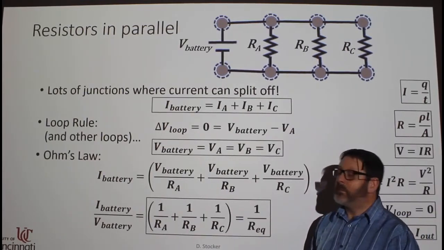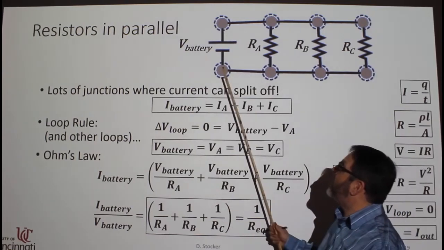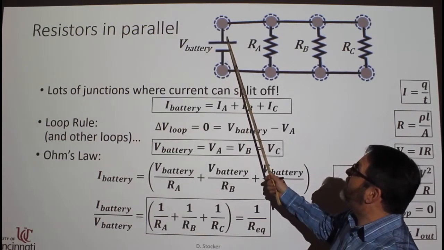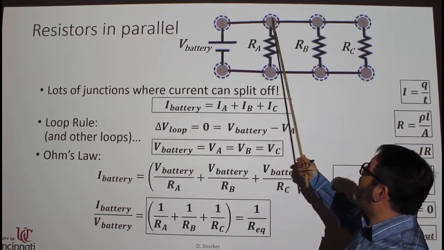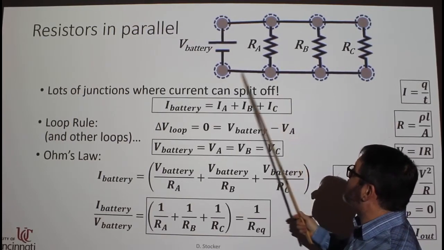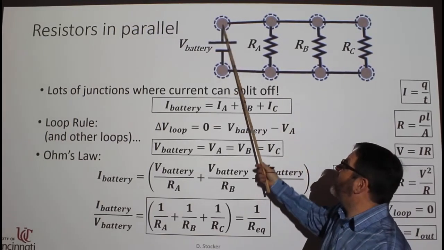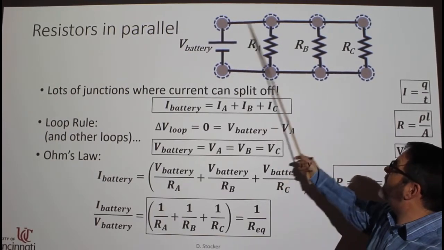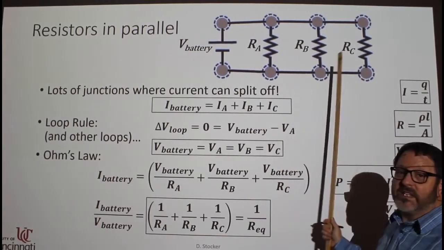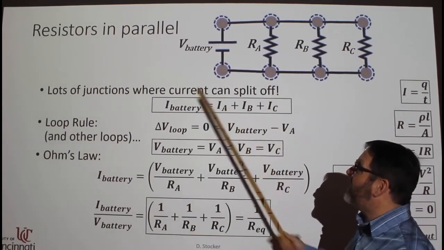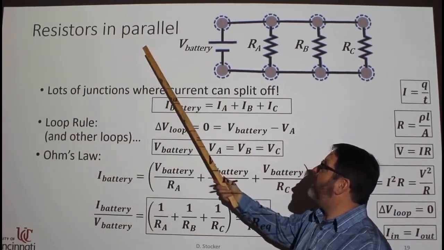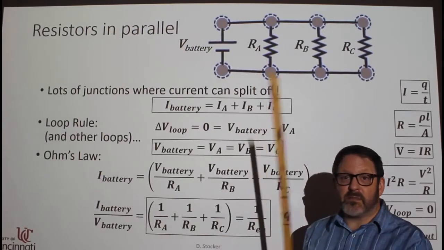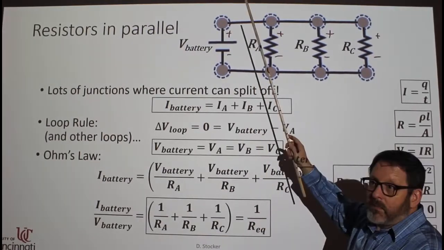Now for resistors in parallel. Here we have a battery, and the current can leave the plus side of the battery and pass through resistor A and come back, or it can choose to pass through resistor B and come back, or it could choose resistor C. Since it can choose all these different paths, we know that they're in parallel. I'm going to put my pluses and minuses in here again.